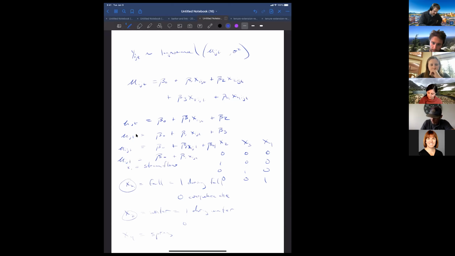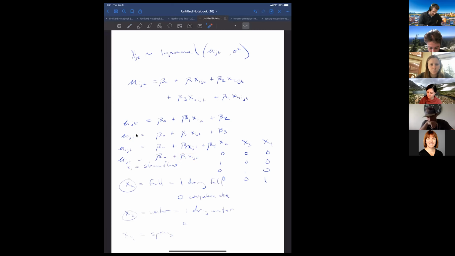Beta 0 represents the average nitrogen content in summer when stream flow equals 0, and then the average nitrogen content is going to increase or decrease based on stream flow depending on what we estimate beta 1 to be.